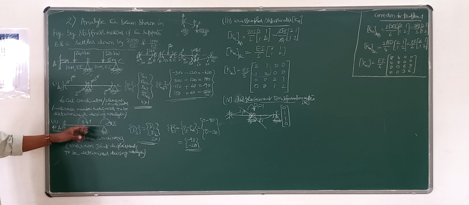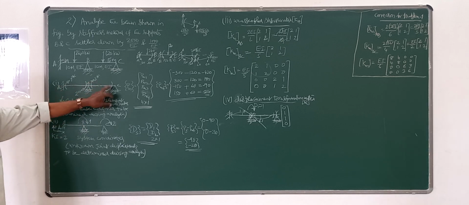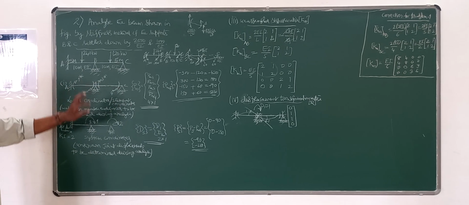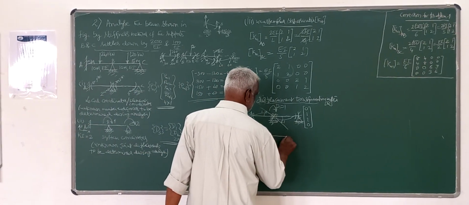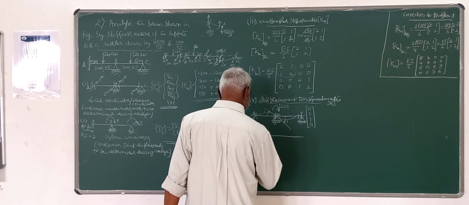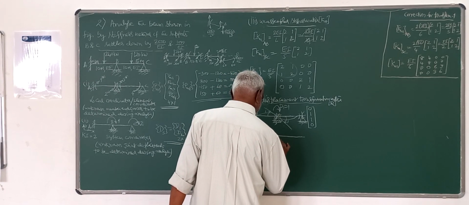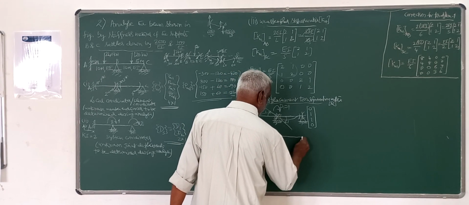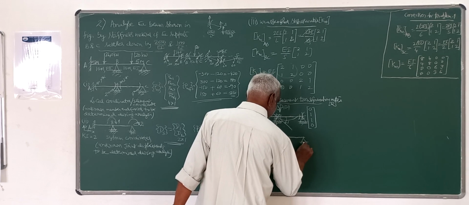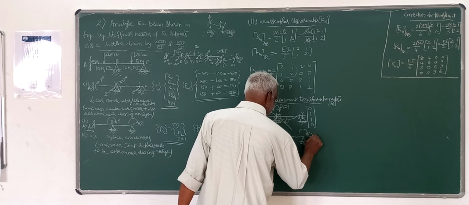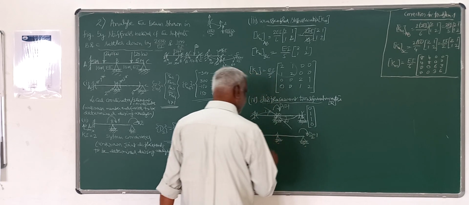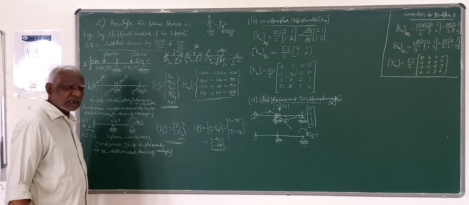So go on giving unit displacement corresponding to each of these system coordinates successively, and then evaluate the corresponding displacements along the element coordinates. Now give unit displacement along system coordinate 2, that is d2 equals 1, and restrain displacement along all other coordinates.